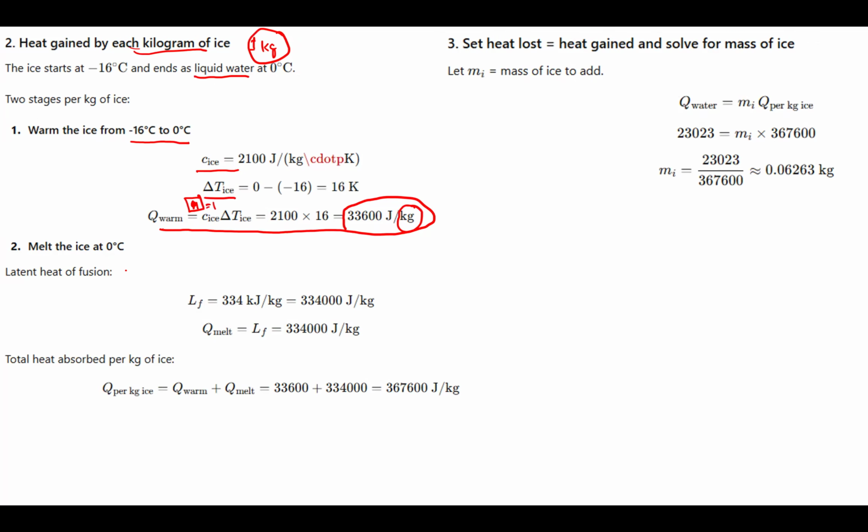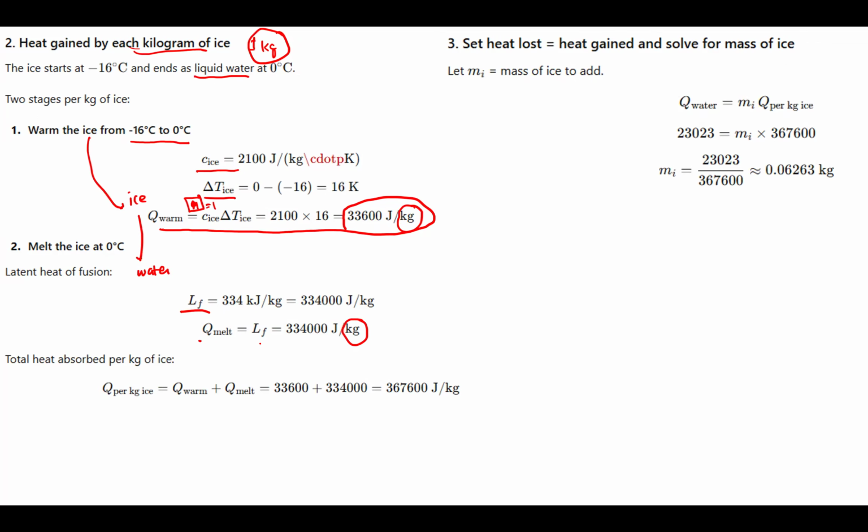So melt the ice at 0 degrees C. Note that ice is still ice, now it's going to be water. In order to take this phase transition, we need the latent heat of fusion, per kilogram.